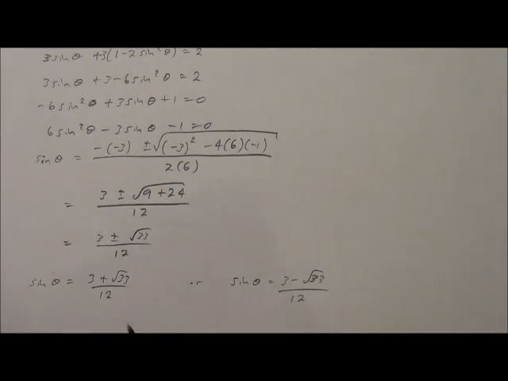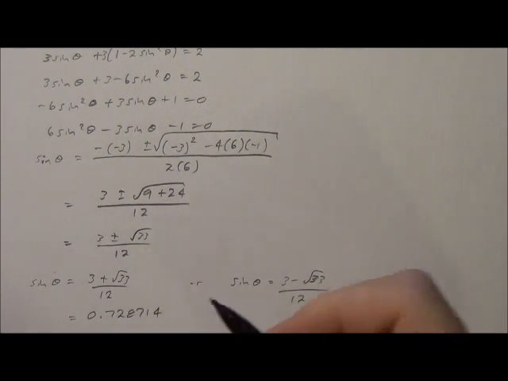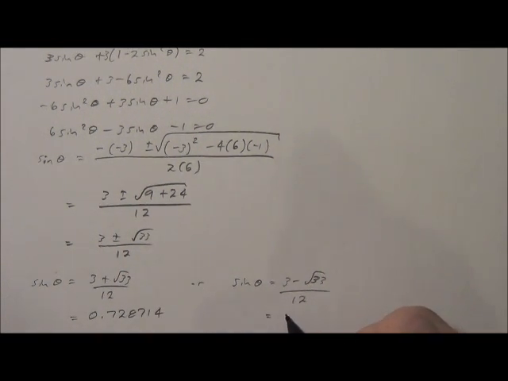Okay, and when we work this out, I think I'll round it to 6 decimal places just for more accuracy. This gives me sine theta equals 0.728714, and this gives me negative 0.228714.